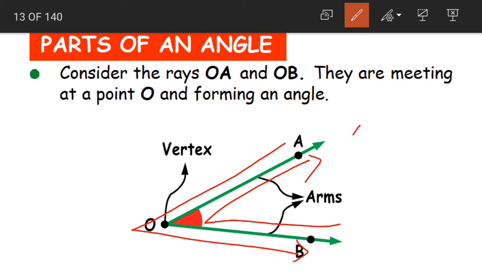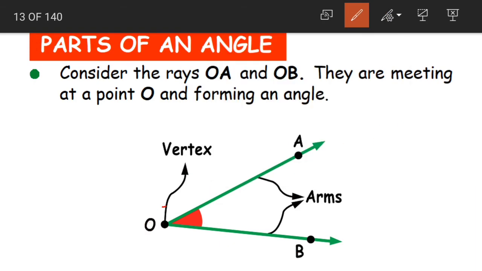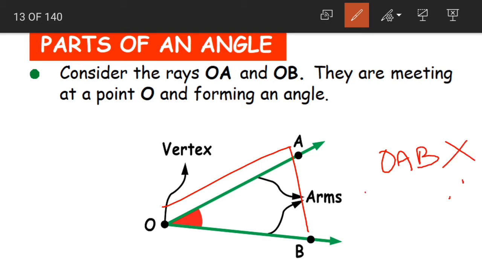We can go AOB or we can go as BOA, children. But one thing to remember is that the angle's name consists of 3 letters, right? So the middle letter should always be the vertex. Here the vertex is O. I cannot write my angle name as OAB. Why? Because the middle letter here, A, is not the vertex.